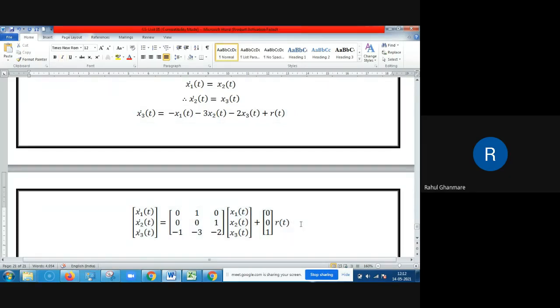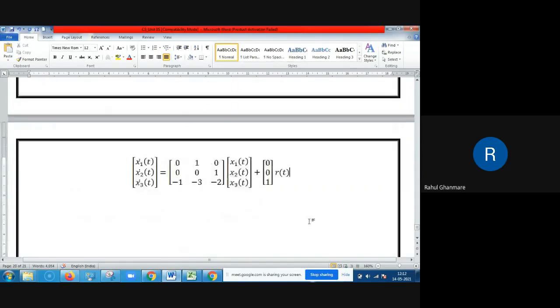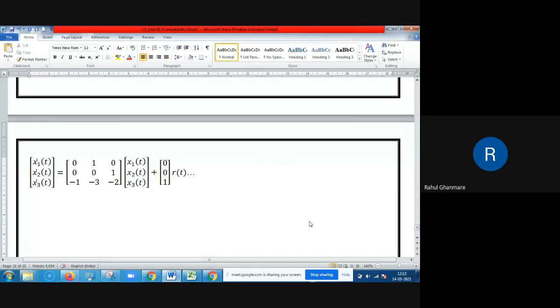Okay, so in this way you get this equation, right? So give this equation number 4.